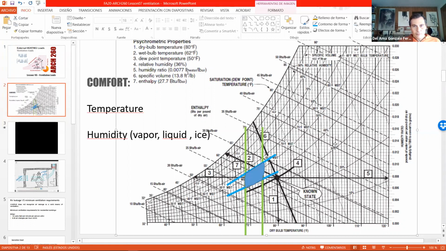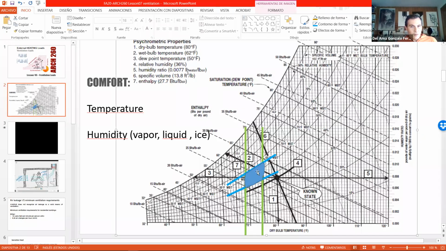So that's it. This is what we have to understand today. So if we have a lot of people breathing and we sweat, when we are doing this, we are increasing the relative humidity.